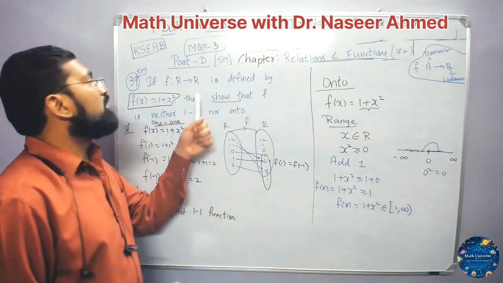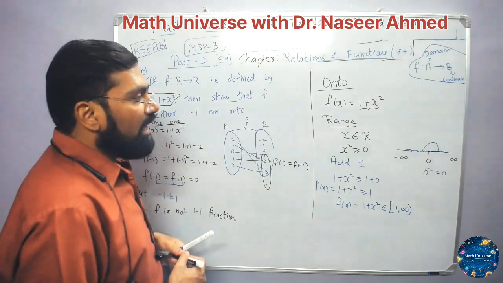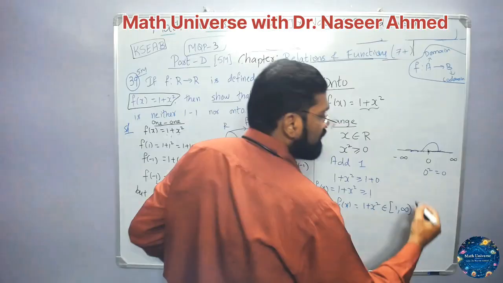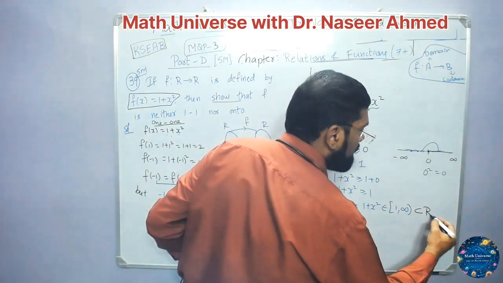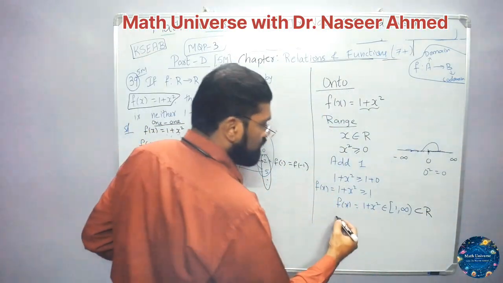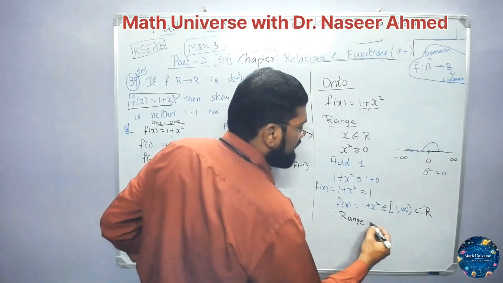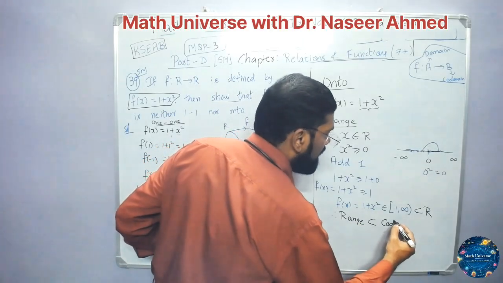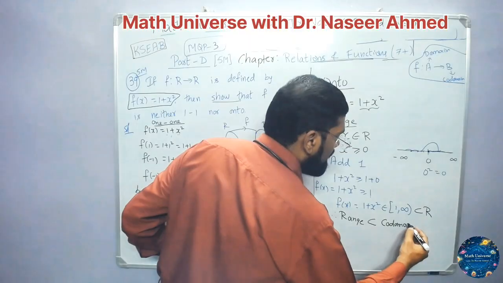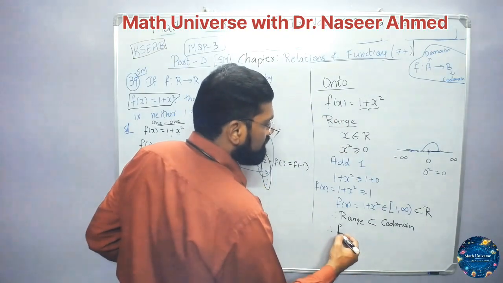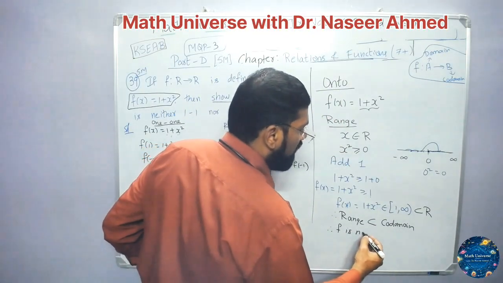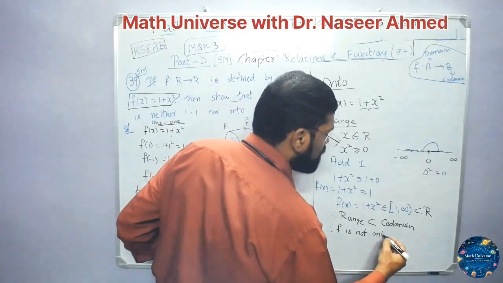Come to the codomain. The codomain is R. So R is the entire set of real numbers. So this is a subset of R. So we have come to know that the range is a subset of the codomain. Therefore f is not onto.